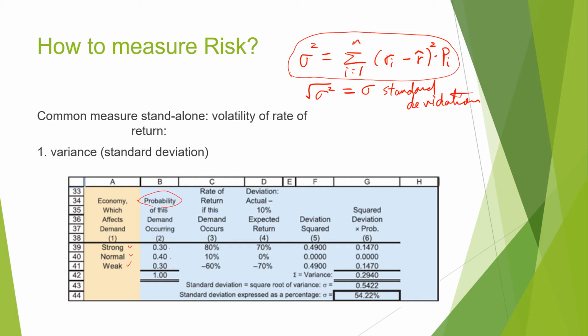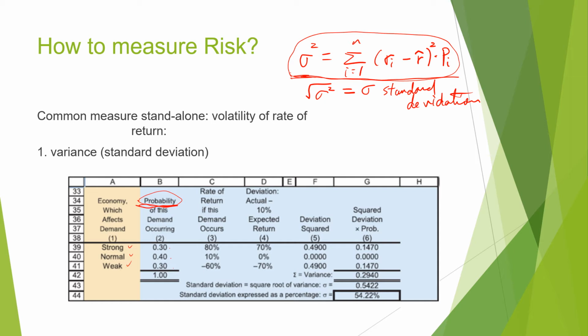And that is when probability of each possibility is not given. So, there are two formulas to find out standard deviation. So again, when probabilities are given, you are going to use this formula.